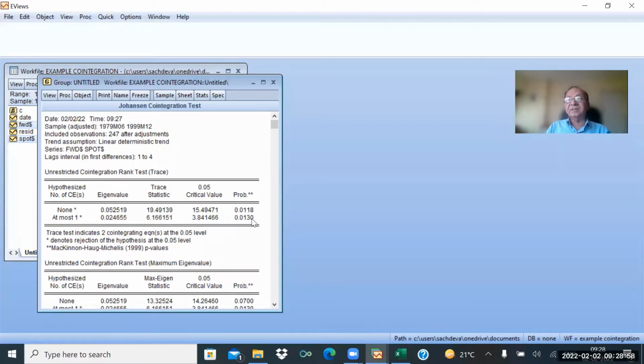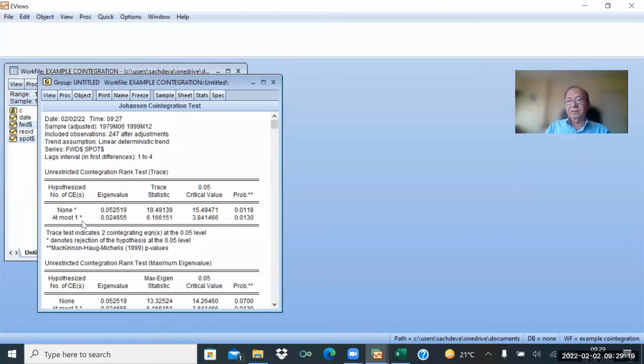It means we reject the null hypothesis. We reject the null hypothesis that there is no cointegration. So there is a number of cointegrations, maybe not zero, but maybe more than one.